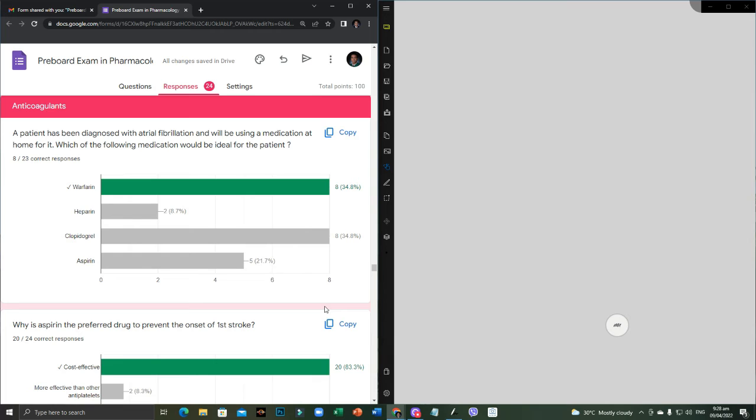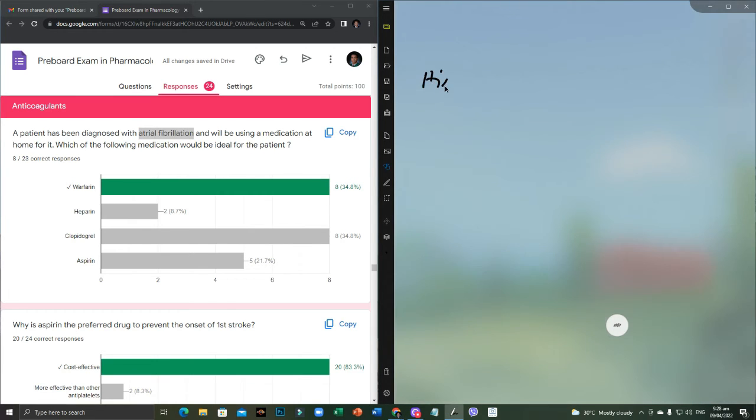Okay, now let's proceed class to anticoagulants. Actually, antiplatelets, anticoagulants. Patient has been diagnosed with atrial fib and will be using a medication at home for it. Which of the following medications would be ideal for the patient? Now, oftentimes, class, if you already have atrial fib, you are at a high risk. High risk na to for blood clots.